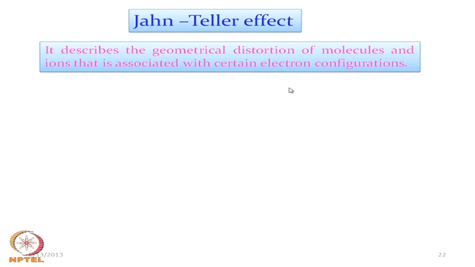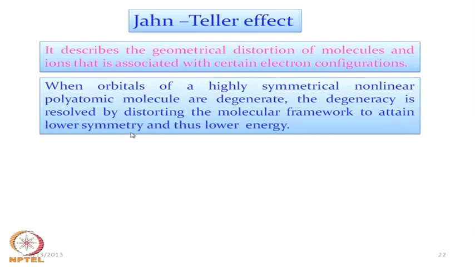So far we have discussed the distortion first, then on the basis of those distortions we are looking at the corresponding electronic configurations. Now we see that this JT effect, or Jahn-Teller effect, is only operative for certain electronic configurations, and those electronic configurations would be sensitive to this particular effect. So, when orbitals of a highly symmetrical nonlinear polyatomic molecule are degenerate, the degeneracy is resolved or lifted.